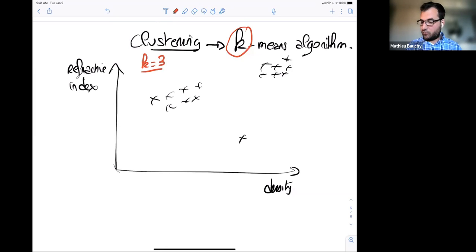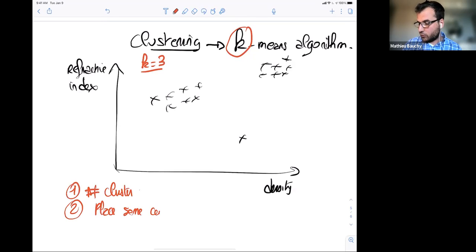The second step, after deciding the number of clusters, is that you will place some centroids for those clusters. The centroid is going to be the center of each cluster. So if you have three clusters, you will need three centroids, C1, C2, C3.